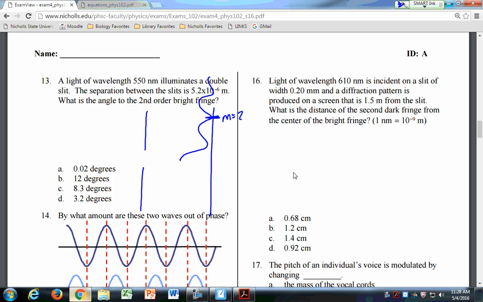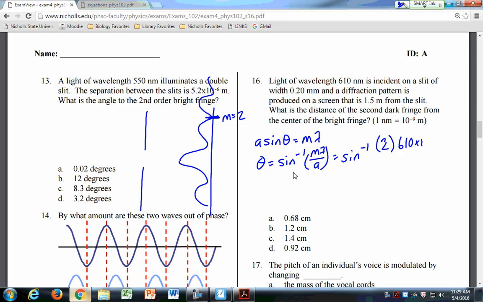That's m equal 2. So I say a sine theta equals m lambda, and I solve for theta. That's the inverse sine of m lambda over a, which is 2 times 610 times 10 to the minus 9 divided by a, which is 0.2 times 10 to the minus 3.